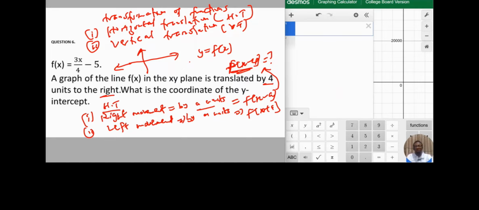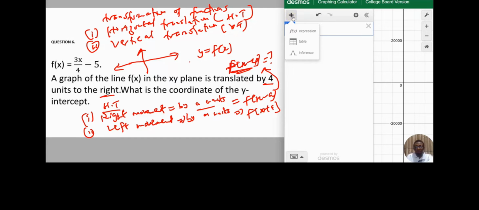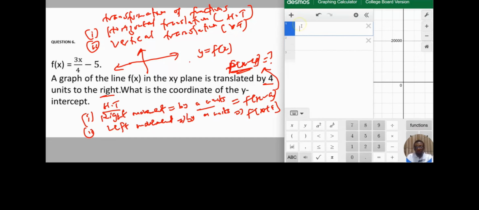So how do you use Desmos to do this? I just type it on Desmos. I look at my expression: f of x equals my fraction, 3x over 4, then minus 5.